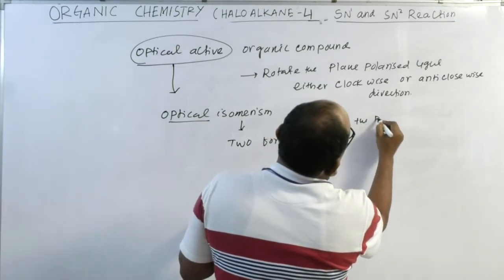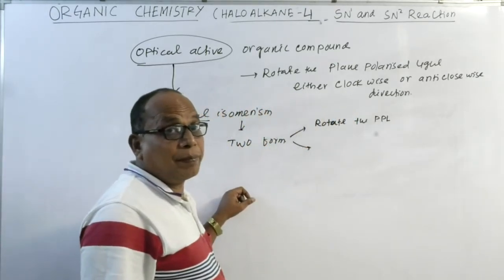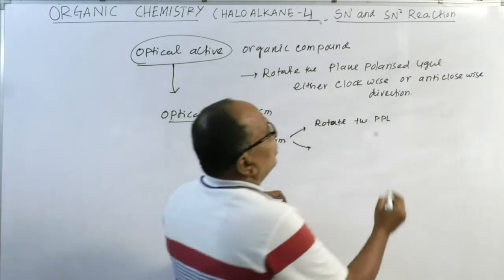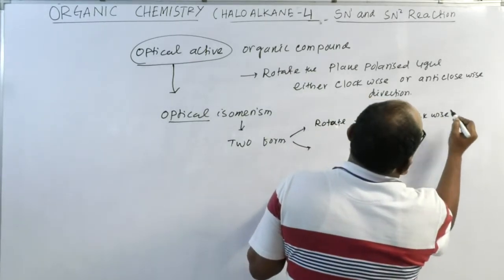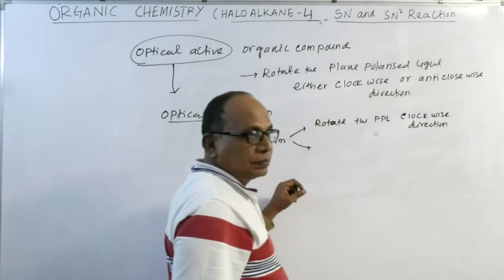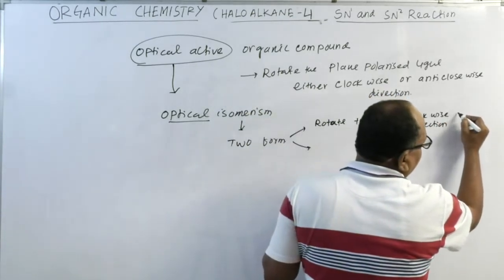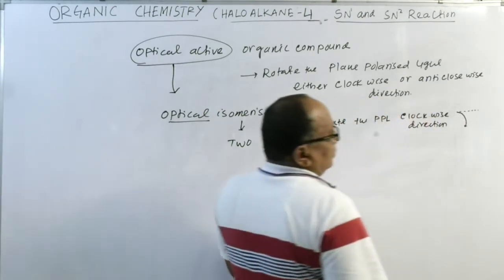And out of the two forms, if one rotates the PPL, that is our plane polarized light, in a clockwise direction, means in this direction, this is your transmitted light path.